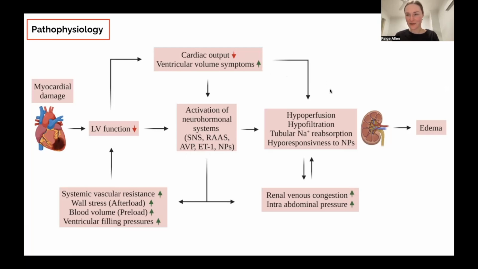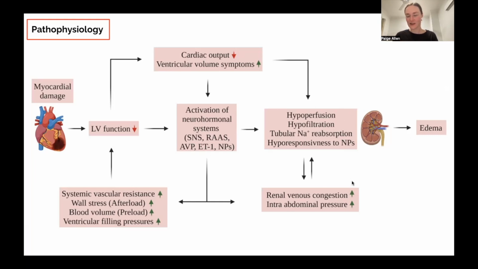Similarly, your kidneys themselves will react to this. When the kidneys notice that there's decreased blood pressure, they'll be hypoperfused. From that, they'll start to resorb sodium and then resorb water as well. So from that, you start to get your edema because now the person is fluid overloaded in an attempt to increase the blood pressure.